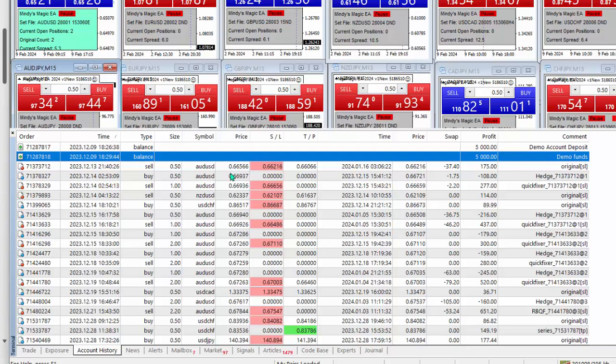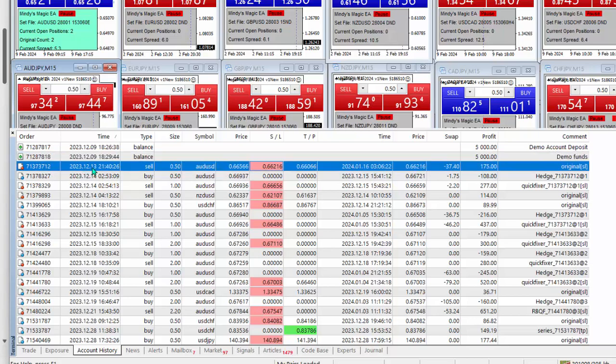But what we see here is that the first trade that went into this account went in on the 13th of December. Okay, and this is a chronological order of all of the trades that have been in and out of this account in that time.